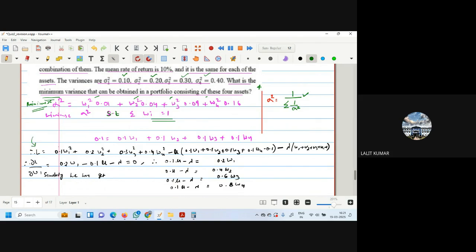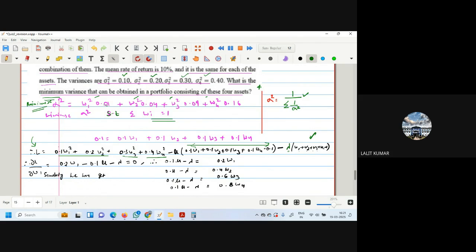It will become 0.1 W1 square plus 0.2 W2 square, 0.3 W3 square, 0.4 W4 square, minus nu into the return, since we also have to maximize the return, minus lambda (W1 plus W2 plus W3 plus W4 minus 1) equal to 0. So this is the Lagrange.